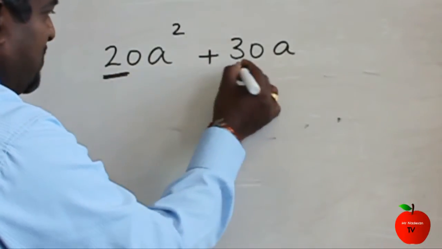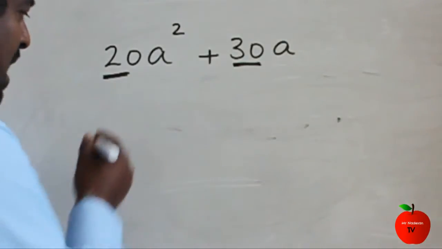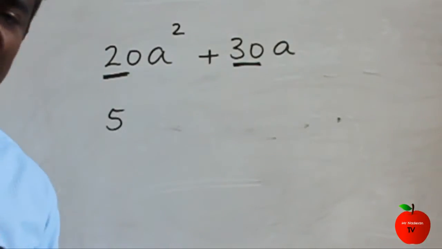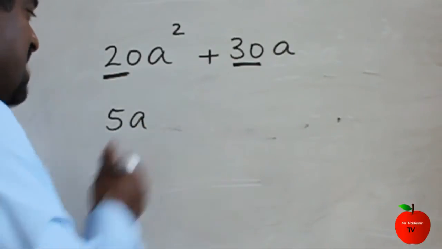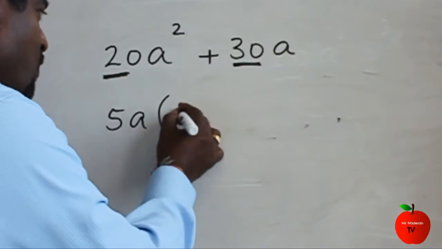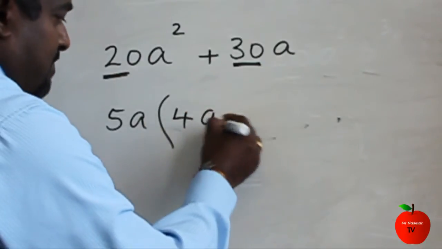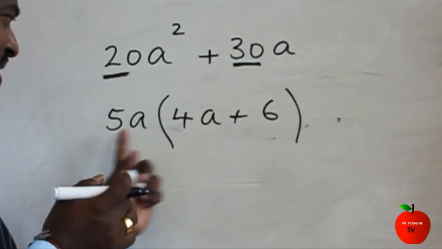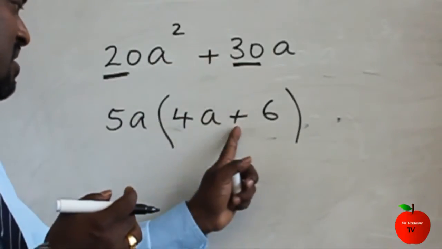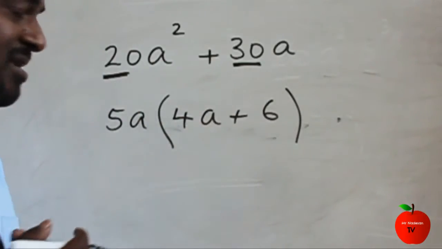They got 20 and 30. They put the highest common factor is 5. Then they put the a is right. Then they put 4a plus 6. They can double check it as well. 5 times 4, 20a squared plus 5 times 6 is 30a.